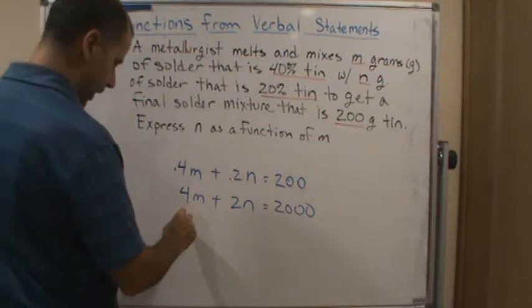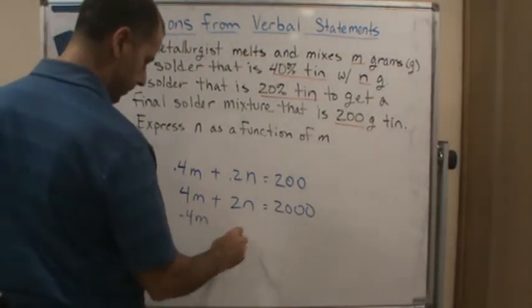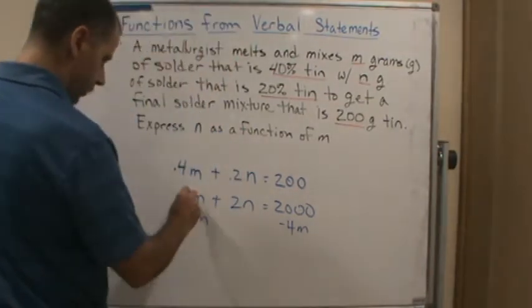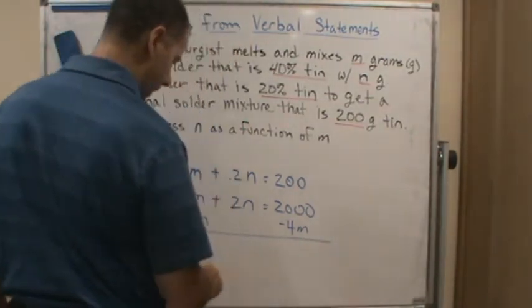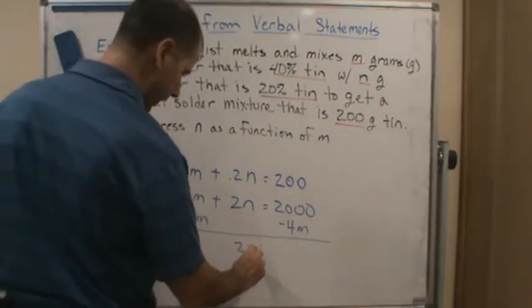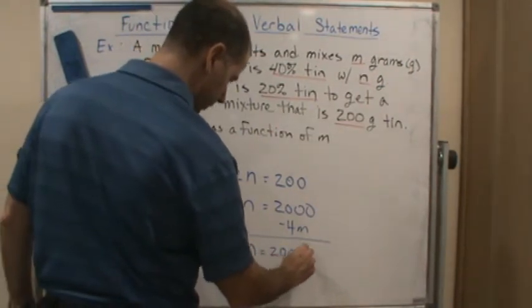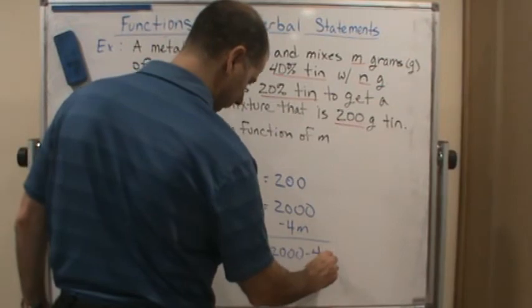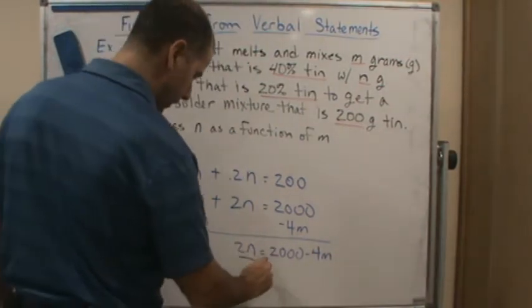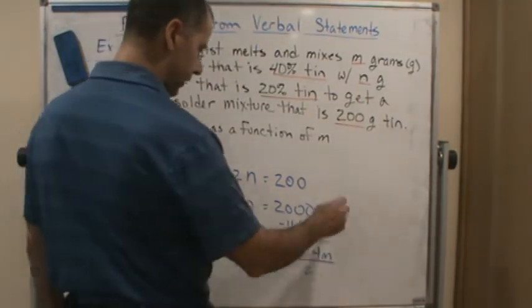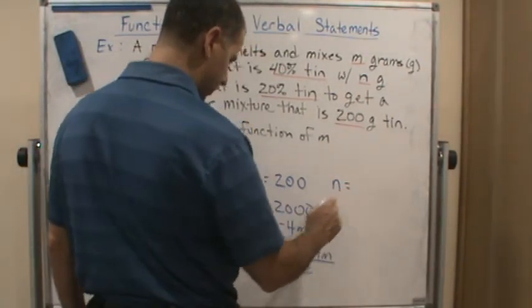So now let's subtract 4m. So now what do I get? I get 2n equals 2,000 minus 4m. And now I'm going to divide by 2. And so my final answer is n equals what?